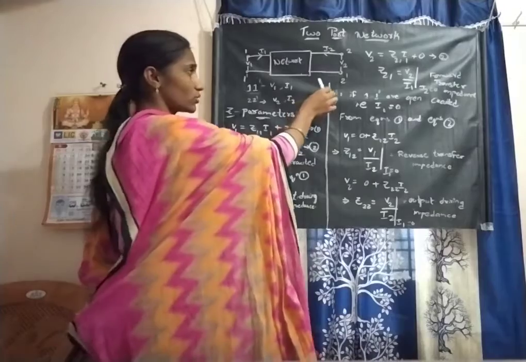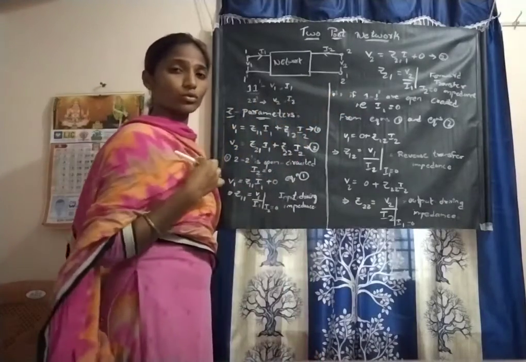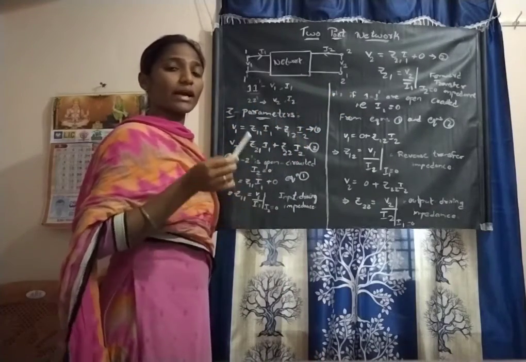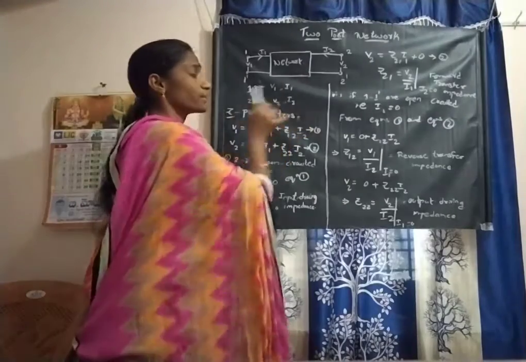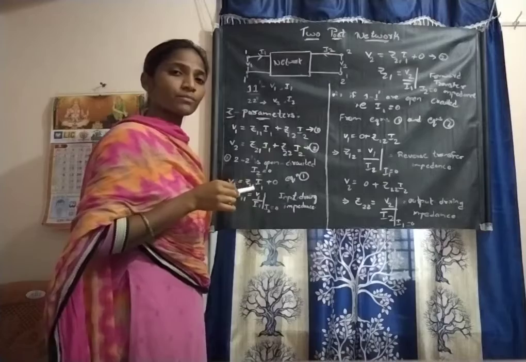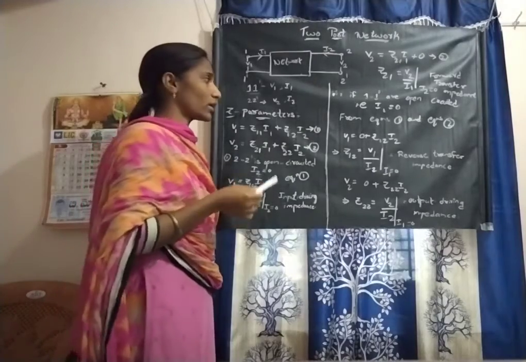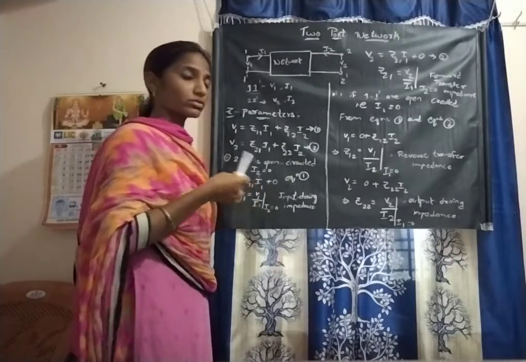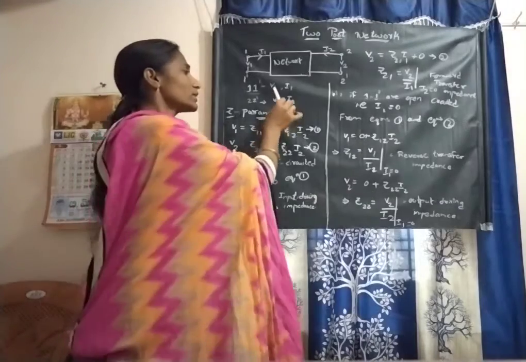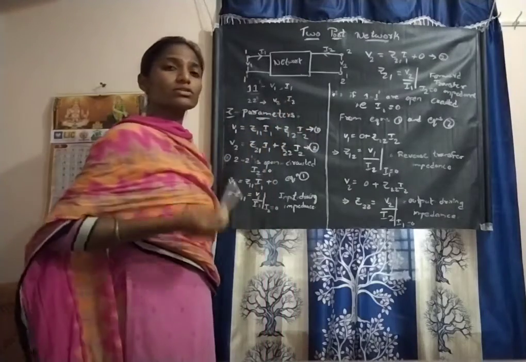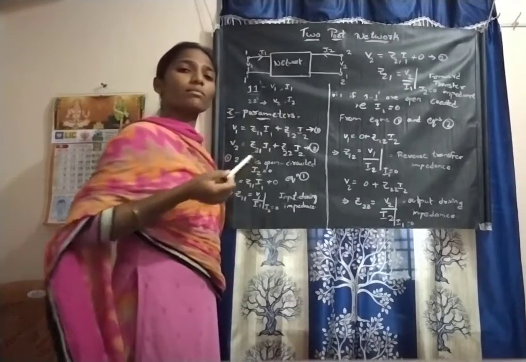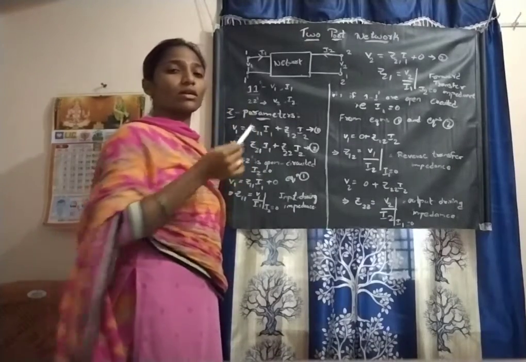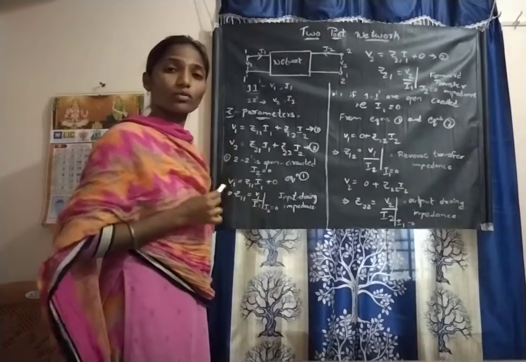Now at 2 dash I am receiving the output. So 2 dash acts as the output port, and I name it V2 and I2. That is the voltage across the second port and I2 the current at the second port. Now, are these variables independent of each other or dependent? We relate these variables by making linear equations between the input and output variables.